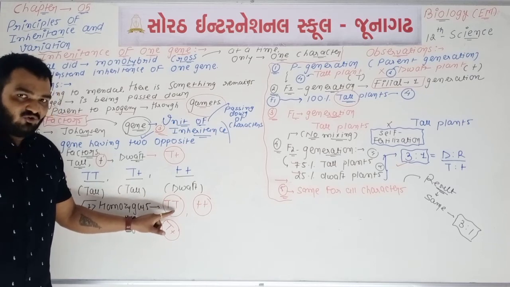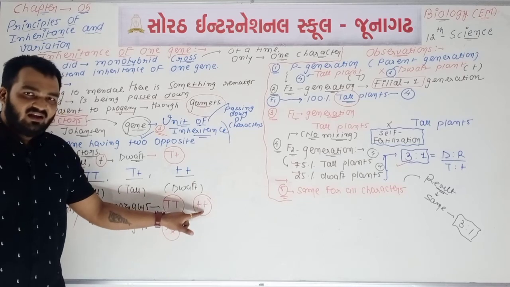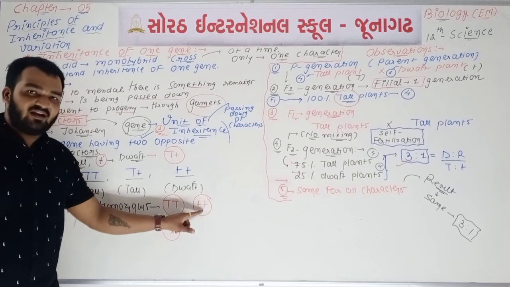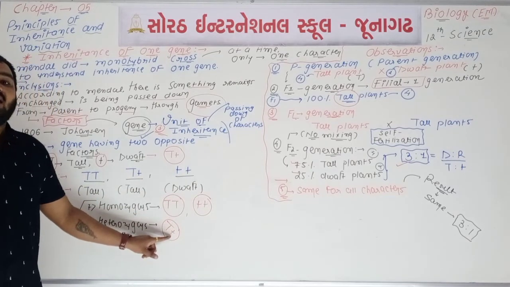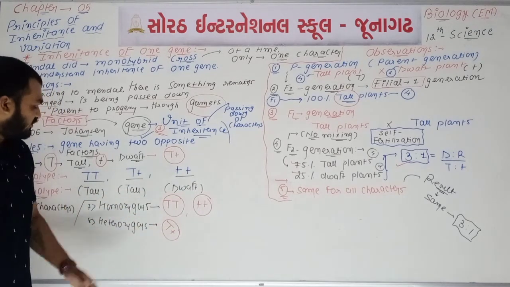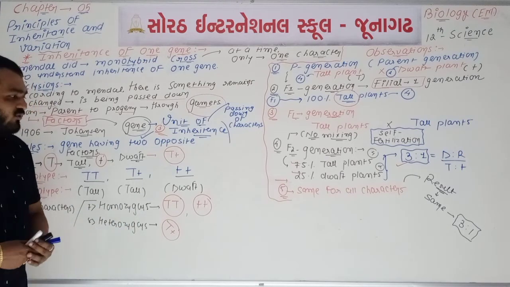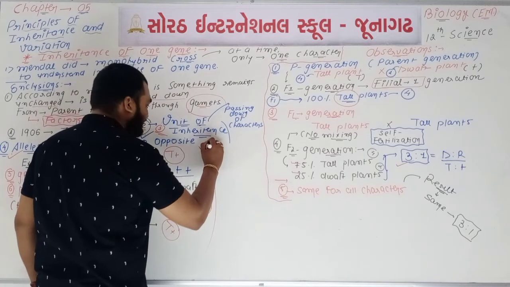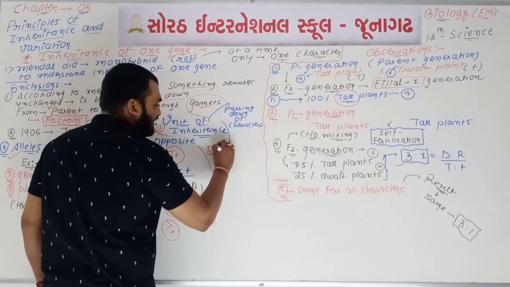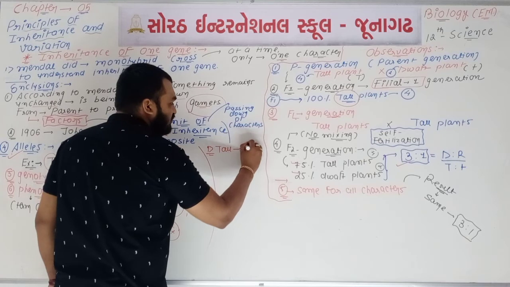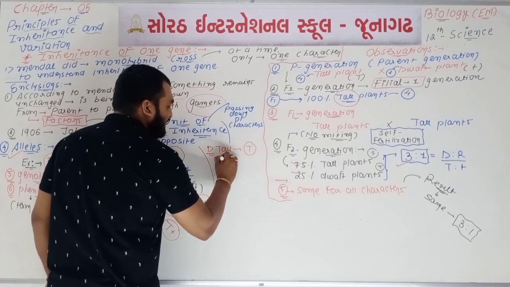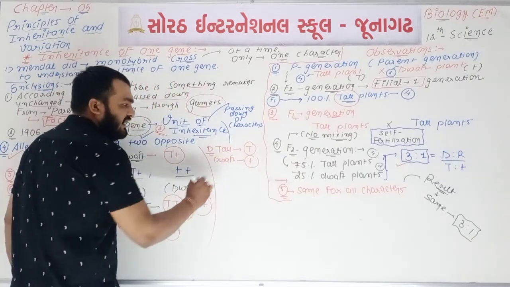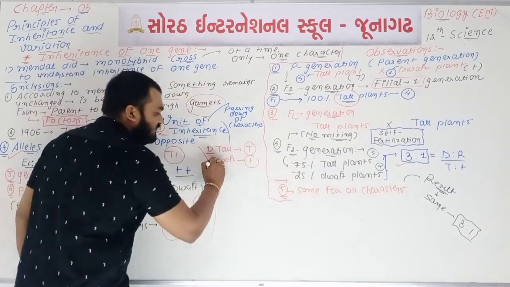This is homozygous recessive, and this is heterozygous. So points number 7 and 8 are about homozygous and heterozygous. Now the last concept, point number 9: for tall we use capital T, and for dwarfed we must use small t. It means it is the true method.